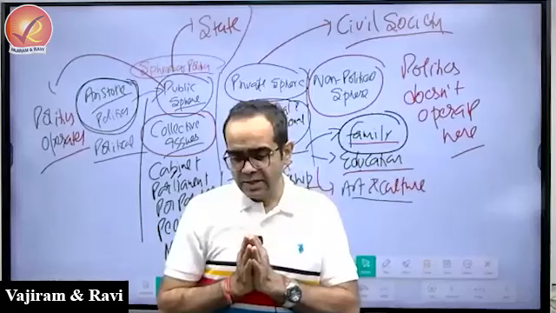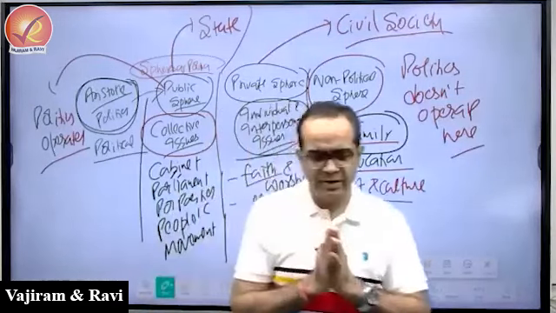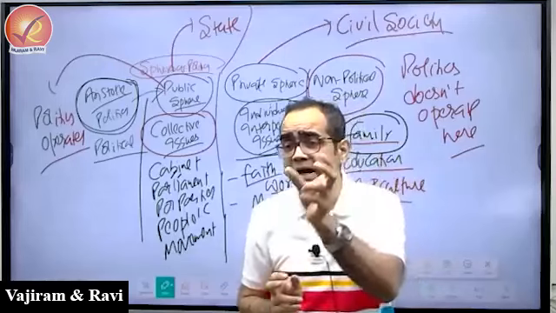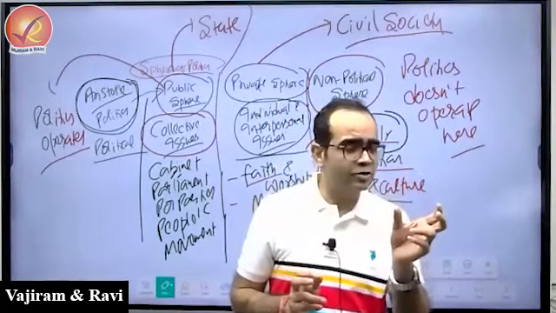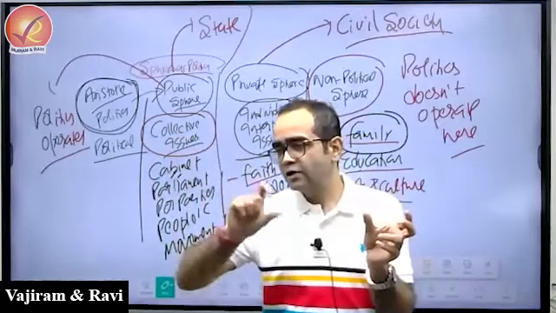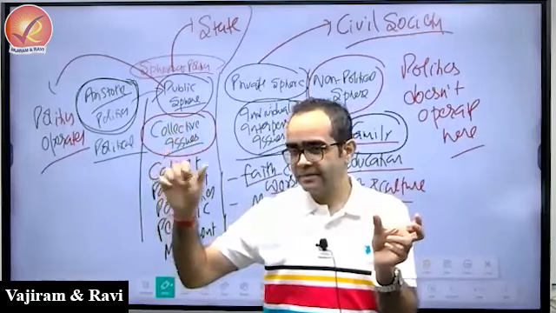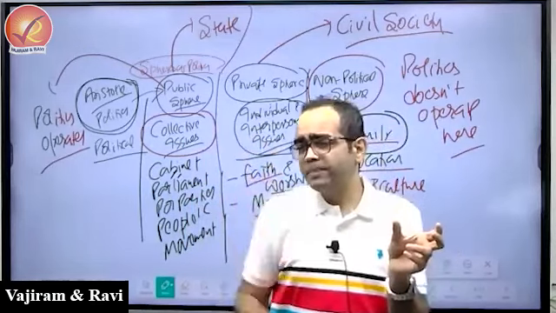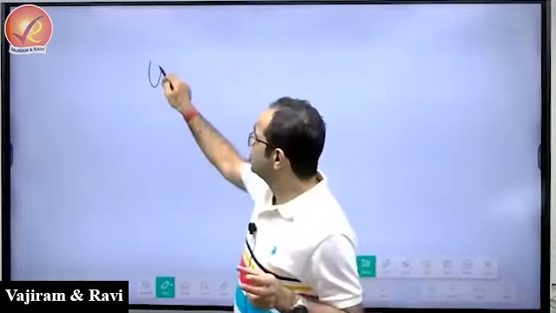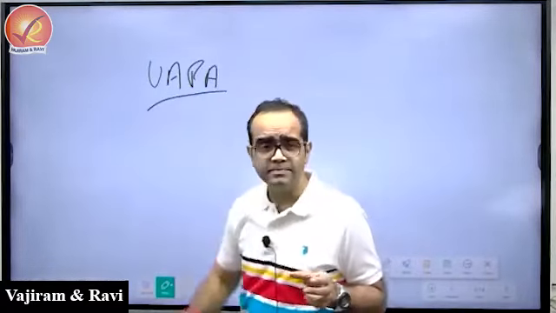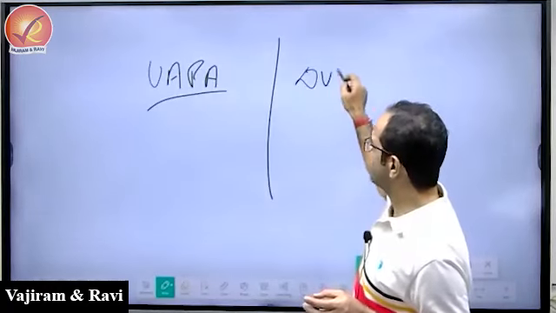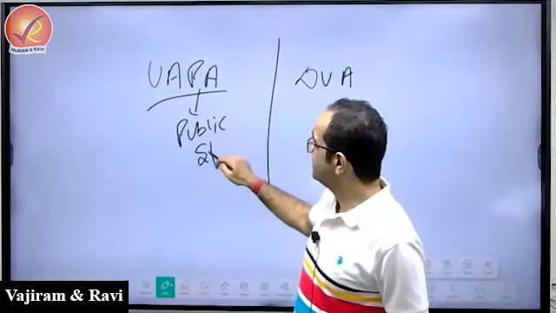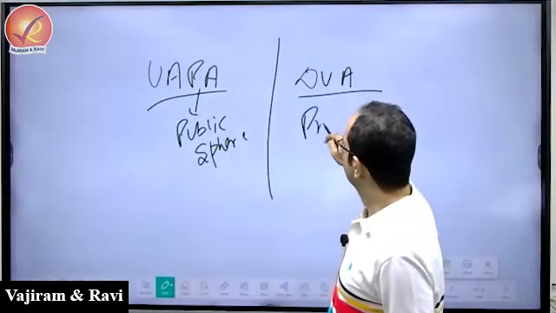For example, in your politics classes you must have discussed that the Indian government has passed the Domestic Violence Act. Indian government has also passed the UAPA, Unlawful Activities Prevention Act. It is in news recently. Certain journalists were arrested. Now, this UAPA and this Domestic Violence Act, one deals with the public sphere and the other deals with the private sphere.